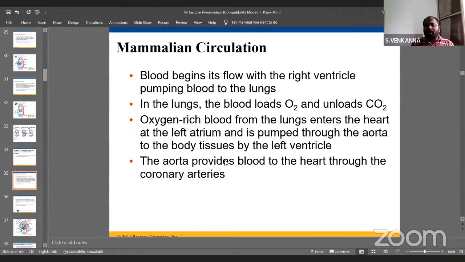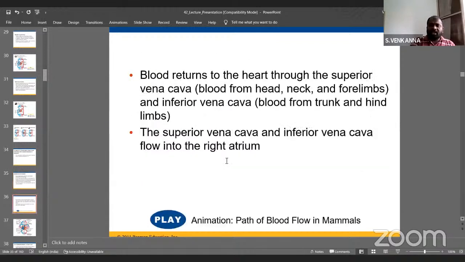Oxygen-rich blood from the lungs enters the heart at the left atrium and is pumped through the aorta to the body tissues by the left ventricle. The aorta provides blood to the heart through the coronary arteries. Blood returns to the heart through the superior vena cava, carrying blood from the head, neck, and forelimbs, and the inferior vena cava, carrying blood from the trunk and hind limbs. The superior and inferior vena cava flow into the right atrium.